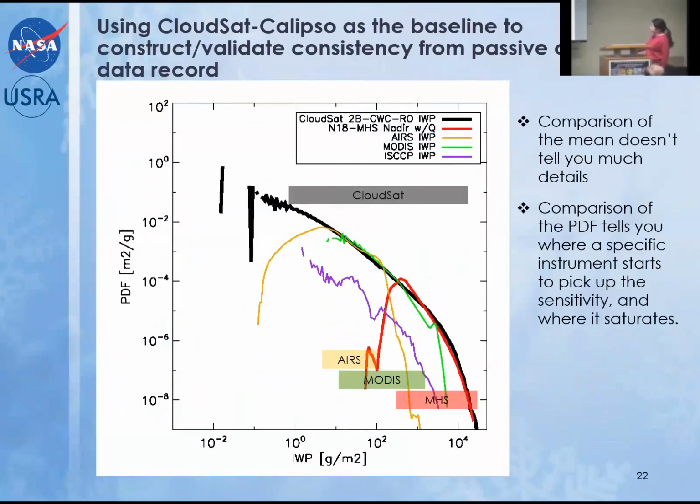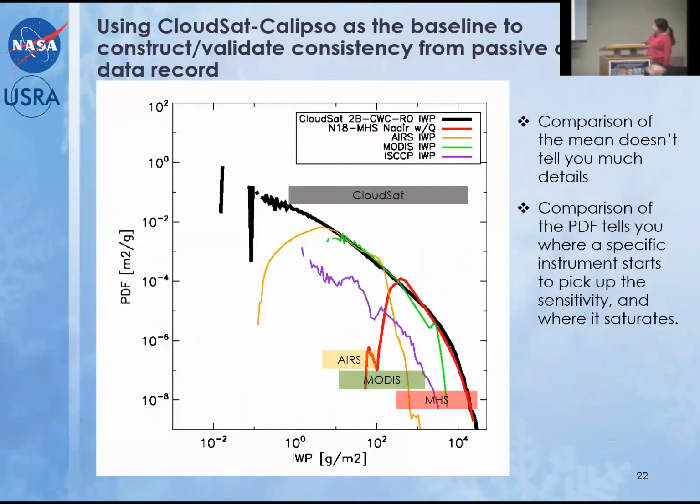So you can see a nice overlap between different spectra, and combining them together, that's where you can get what CloudSat sees. And for some other retrievals that are independent, for example, the ESCAPE, it's just way below the CloudSat.